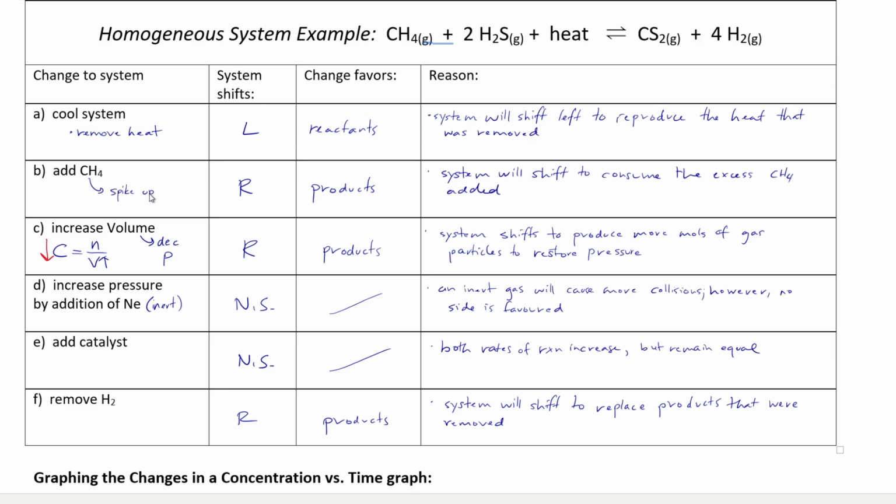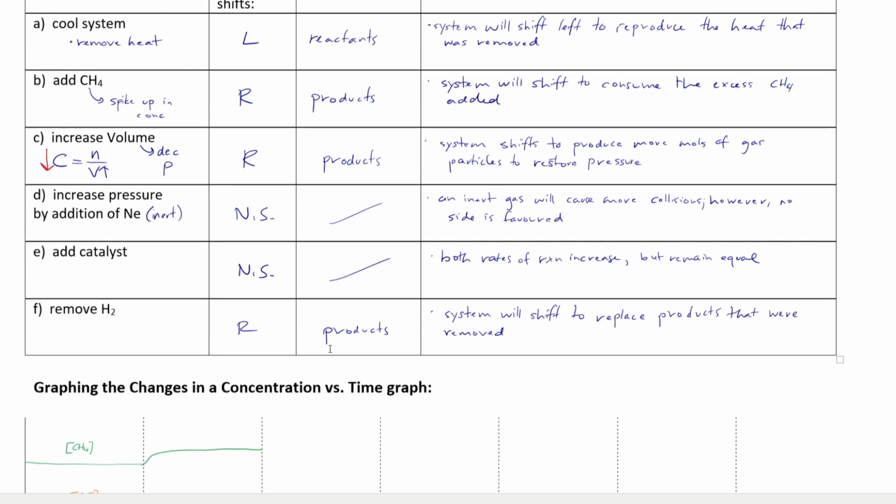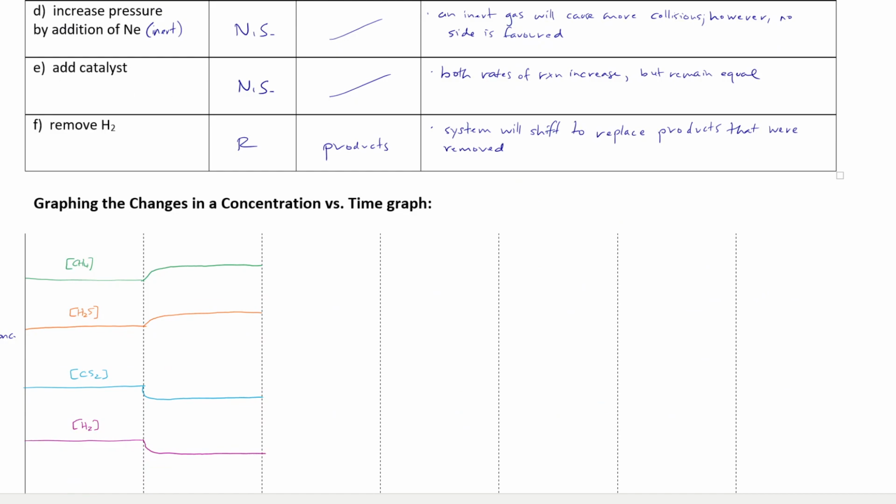So if I go down to CH4 over here, the CH4 concentration will spike up because I added CH4, but then the system shifts to use that up, and it stabilizes.